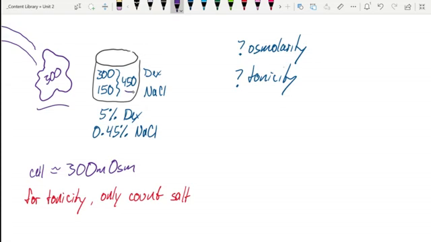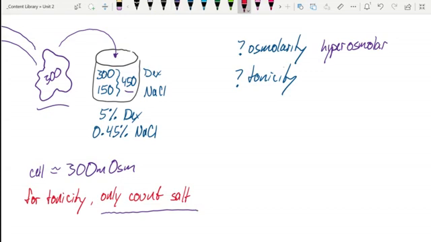Because 450 is higher than 300, what's the osmolarity of this solution? This is a hyperosmolar solution. Its concentration is higher. But for tonicity, what's going to happen to the cell when I stick the cell inside? Well, if we think about what we're doing, we're only counting salt because salt is the only non-penetrating or impermeable solute.